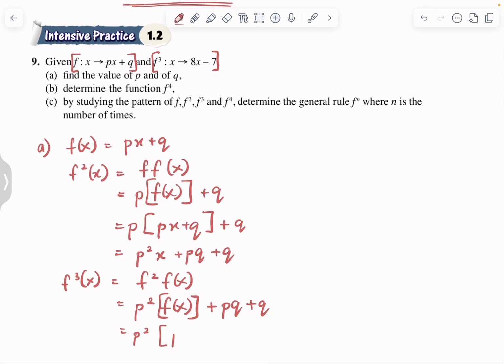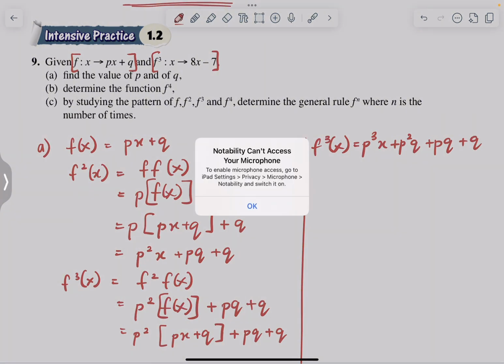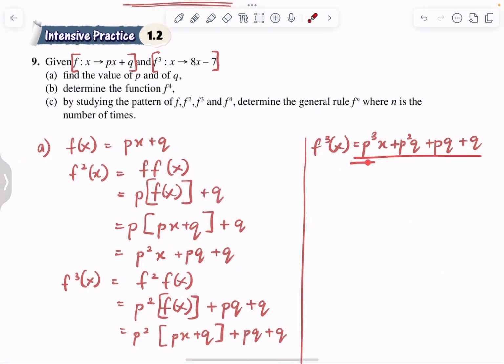So f(x) is px plus q. Then we can expand this. So this will give us p cube x plus p square q plus pq plus q. This is f cube x. Okay, now this is our version of f cube x.